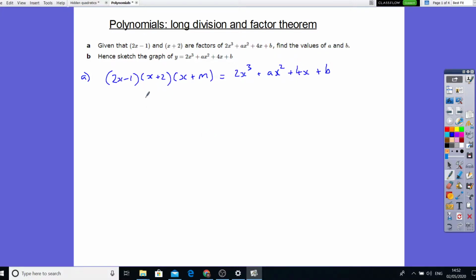Without further ado, let's just expand this out. So 2x times x is 2x squared. Now 2x times 2 is 4x. Minus 1 times x is minus x. And minus 1 times 2 is minus 2.